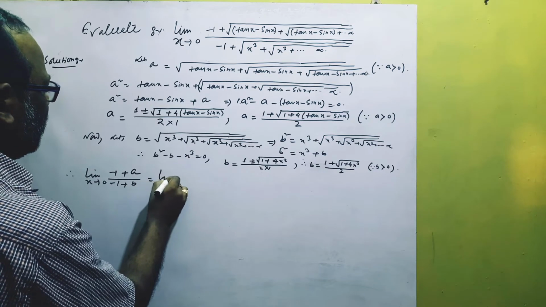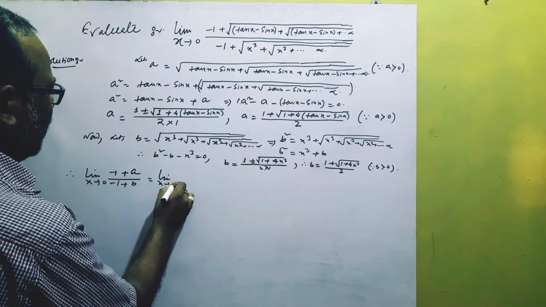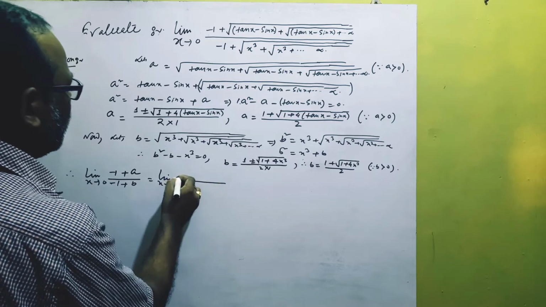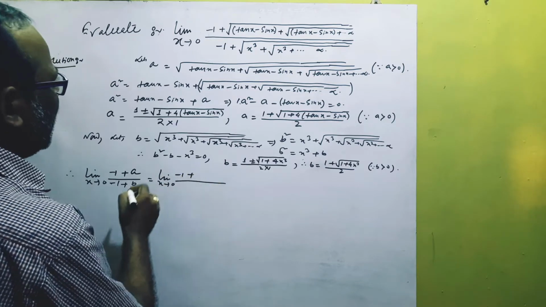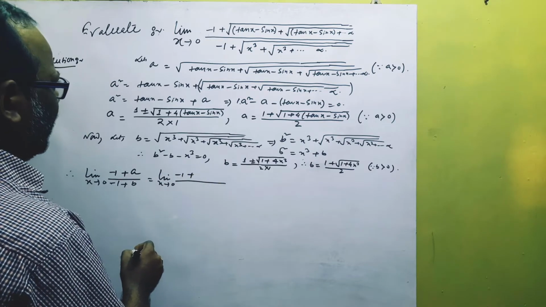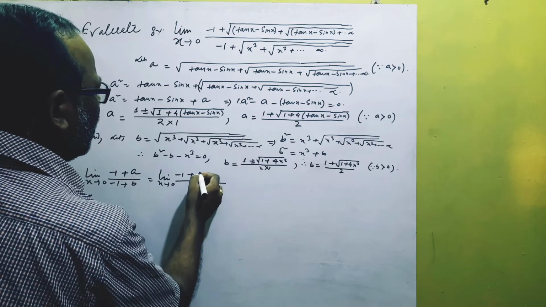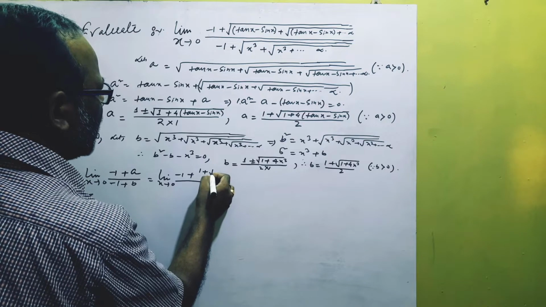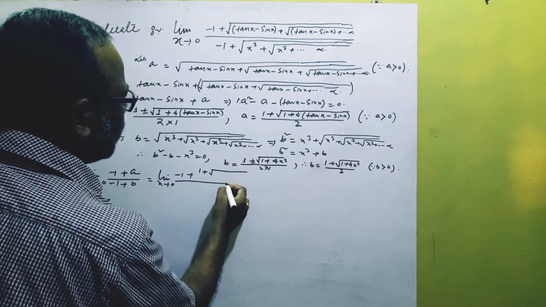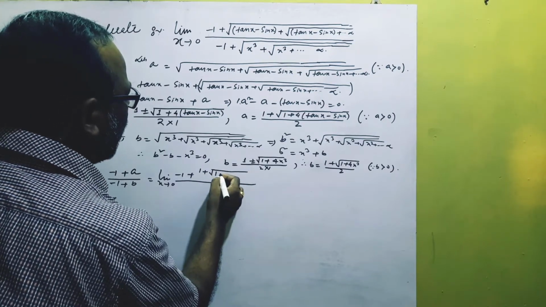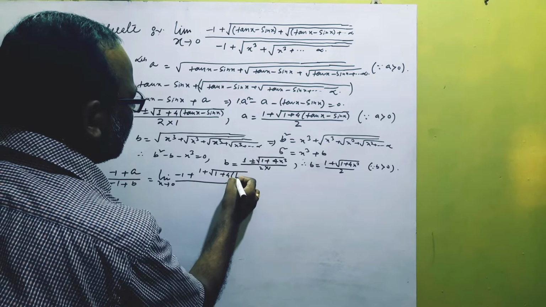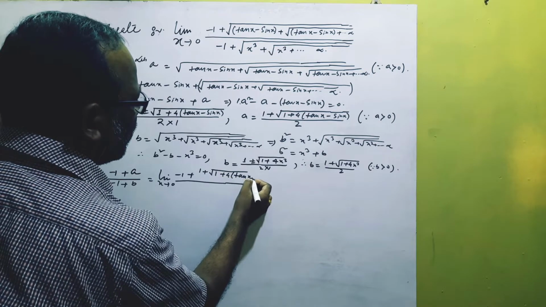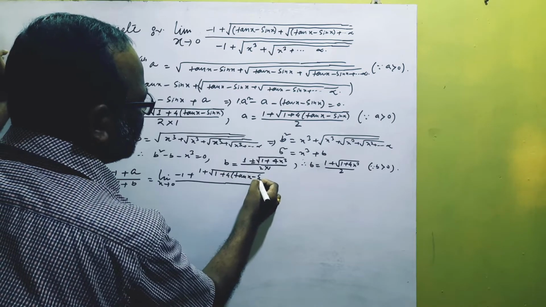And this is equal to limit x tends to 0 of minus 1 plus A. So A means here 1 plus under root of 1 plus 4 times tan x minus sin x.